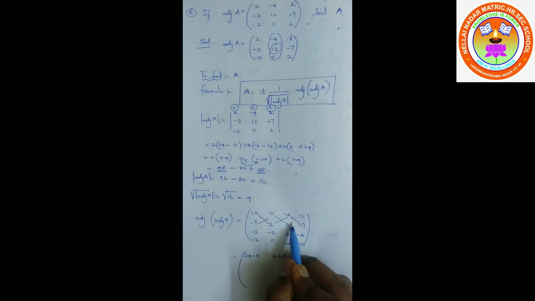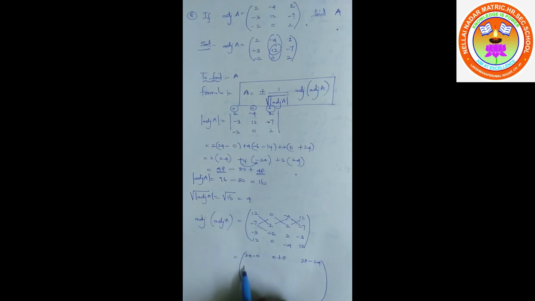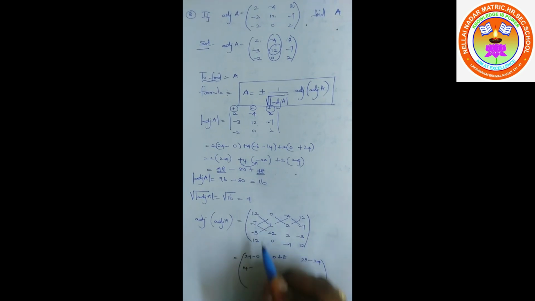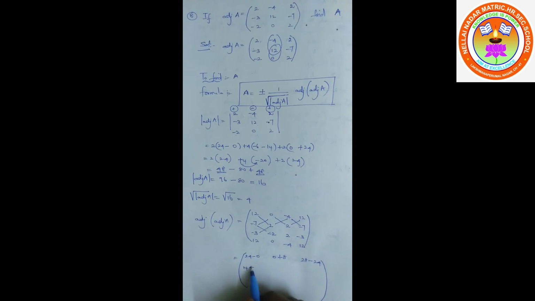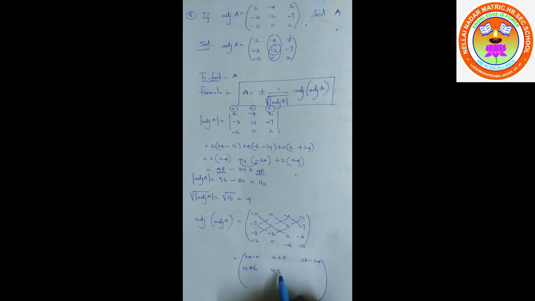Minus into minus plus, 4 7s are 28, always minus, 2 12s are 24. So next, minus into minus plus, 7 2s are 14, always minus, minus 3 into 2 is minus 6, already minus present, so write plus 6. 2 2s are 4, always minus, minus 2 into 2 is minus 4, already minus, plus 1, so plus 4.